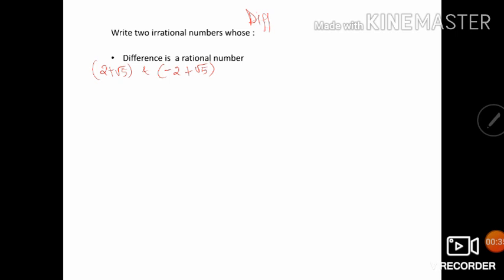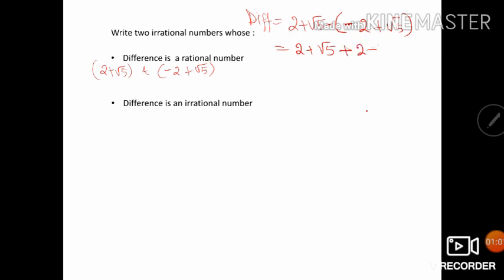The difference of these two numbers is 2 plus root 5 minus, in bracket, minus 2 plus root 5. Opening the bracket, the signs of the terms inside the bracket will change. So we will get plus 2 minus root 5. Plus root 5 and minus root 5 becomes 0. So your answer is 4, and this number is rational.